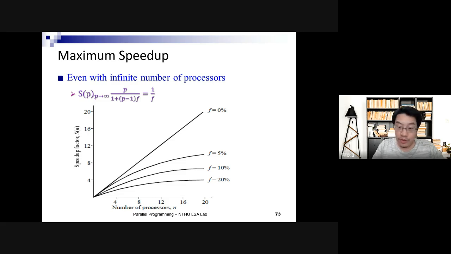That is, as you increase the number of processors, even if you fix the percentage of non-parallel code, as the processors increase, your speed up curve will actually flatten, like we mentioned, right? And of course, if the fraction of non-parallel code increases, for example from 5% to 20%, your speed up factor will be even lower.